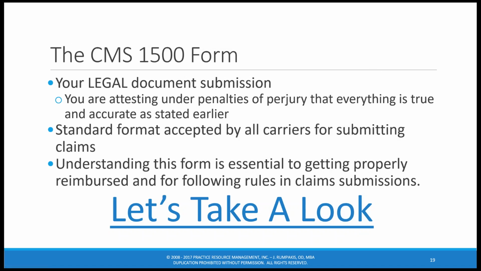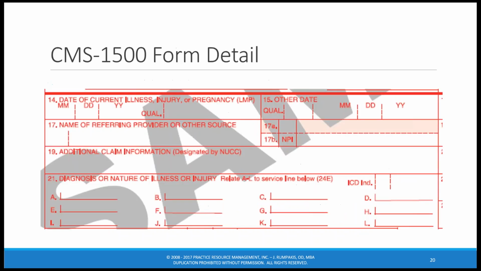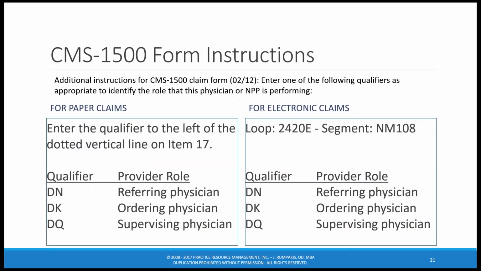Now, the CMS 1500 form, right? Standard document, everybody's aware of it. Here's what I want us to concentrate on. So if this looks familiar to everybody, I want us to pay attention to box number 17, 17B, okay? In that area there. So I want you to understand that you have to identify yourself as a proper role here.